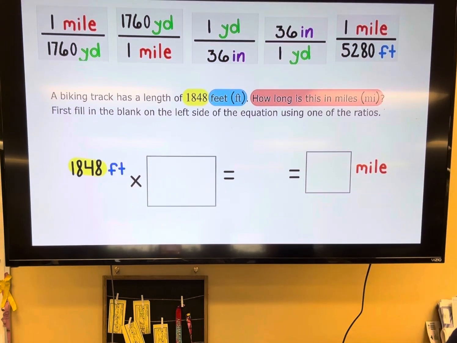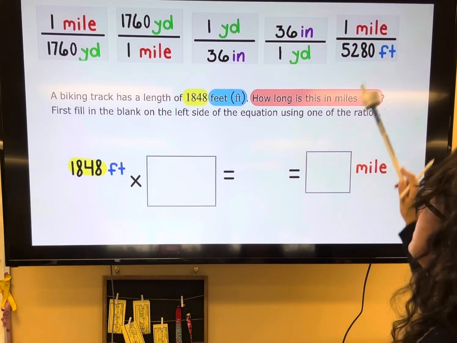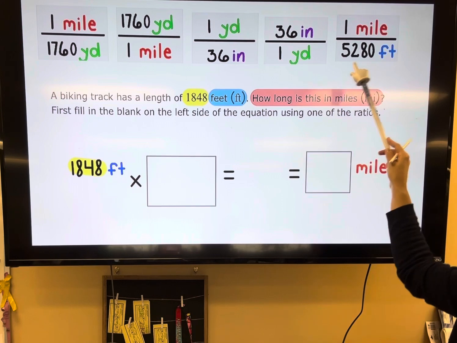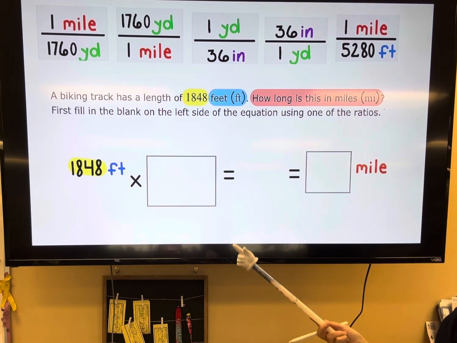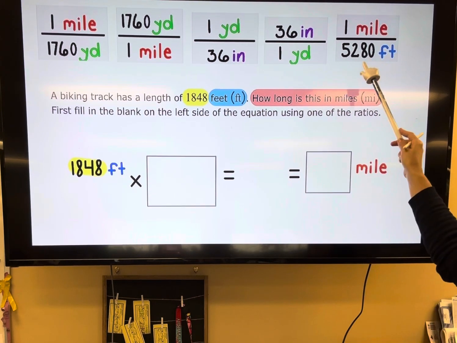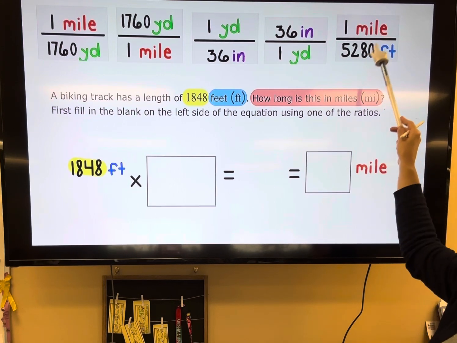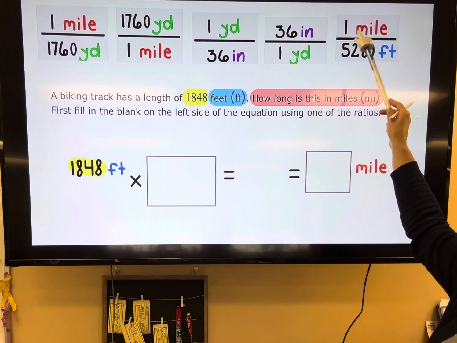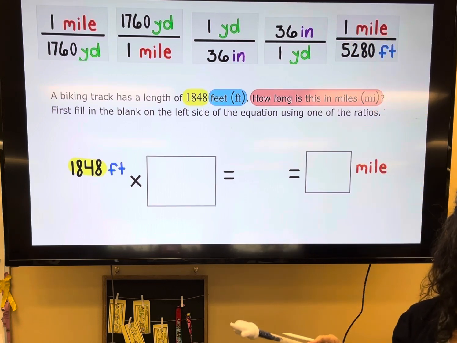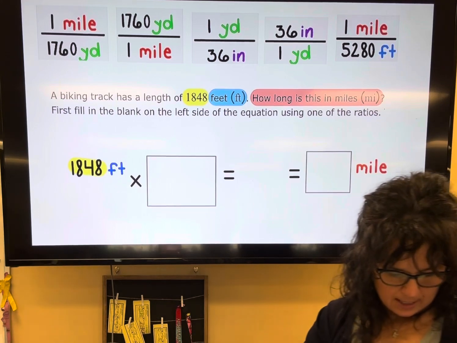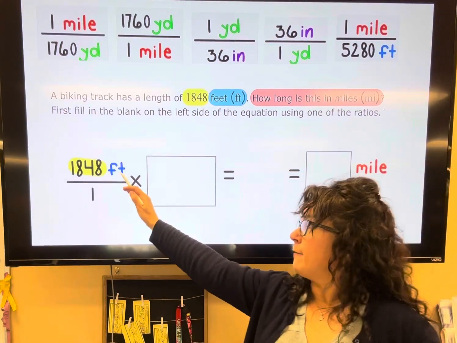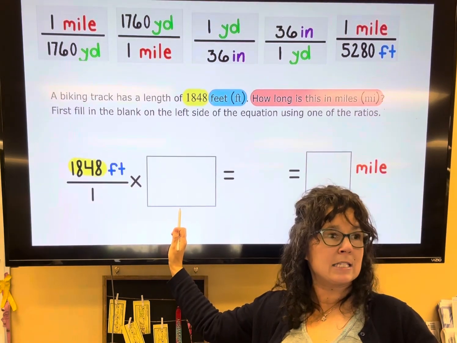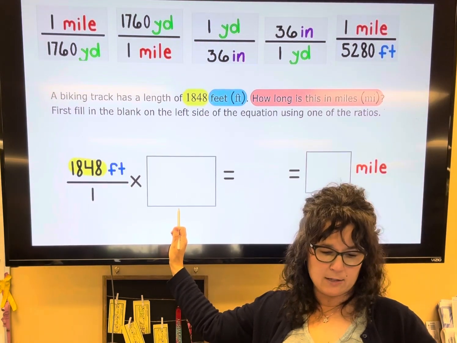Looking at my options for feet and miles, this happens to be the only option I have, but sometimes they give you more options. How would I know that I want to pick 1 mile over 5,280 feet instead of 5,280 feet over 1 mile? Because if I'm trying to get rid of the label feet, then the feet label needs to be in the denominator so that they'll cancel.